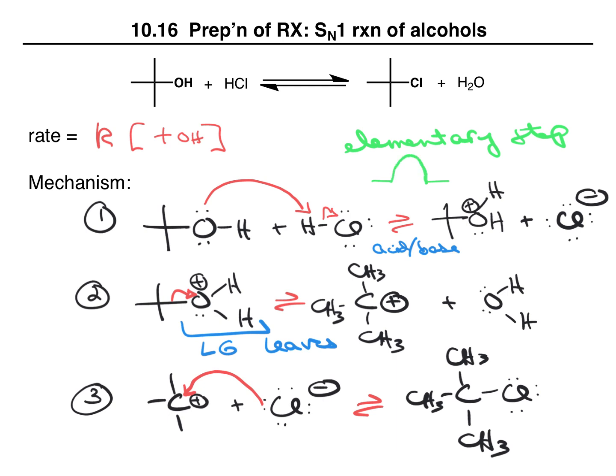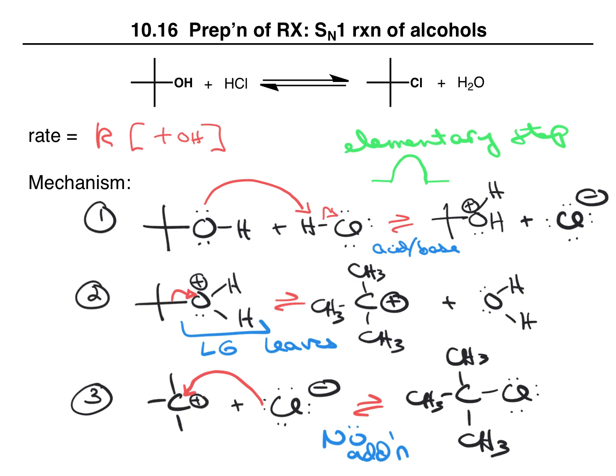So a reaction could involve a single elementary step, or it could involve multiple elementary steps. This mechanism involves 3 elementary steps. The first one is an acid-base reaction. The second one involves the leaving group leaving, and then in the third one, we have nucleophilic addition. Here's our nucleophile adding to our electrophile.